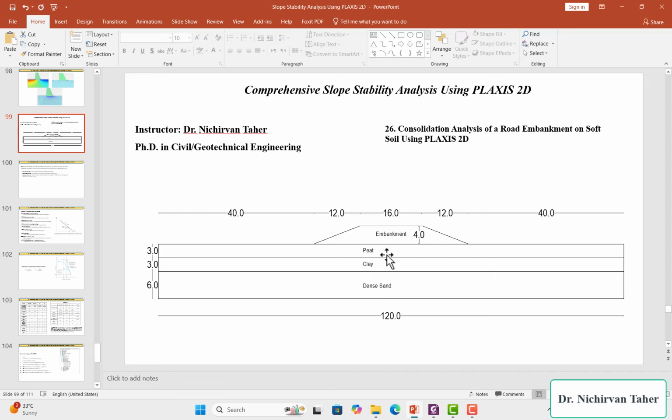One of them is a peat soil and another is a clay, and each of them is 3 meters in thickness. And below this soft soil we have a layer of 6 meters of dense sand. So in this tutorial we will model this soil stratigraphy and this geometry of the embankment.